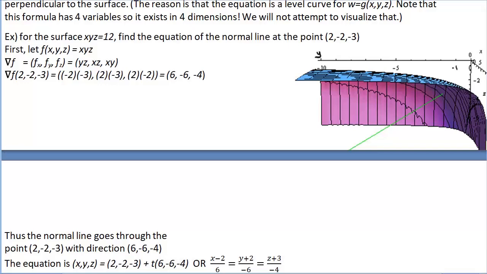So again, I want to emphasize the initial step of identifying what is your function, and then what is your level curve of that, and then the gradient of the function is perpendicular to the level curve.